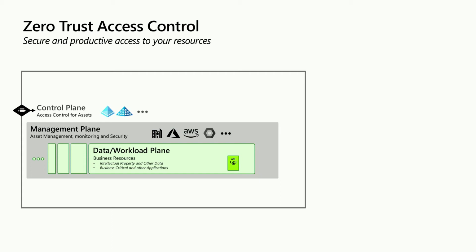And so this is where we're seeing the biggest transition. Well, we're seeing a big transition in the management plane going to the cloud. We're also seeing a big transition in the control plane as we've gone from that network-oriented thought process. And the network is still part of the control plane, but it's having less and less impact as these new resources really don't live on the corporate network.